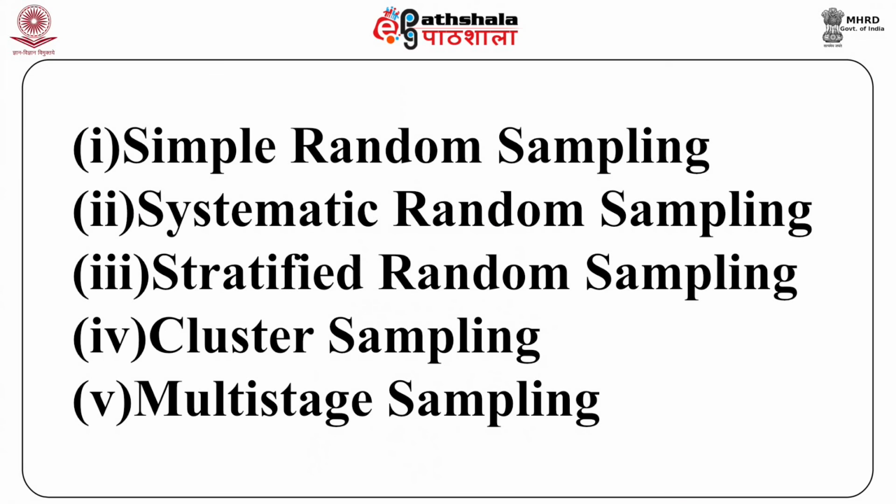The different probability sampling or random sampling methods are: first, simple random sampling; second, systematic random sampling; third, stratified random sampling; fourth, cluster random sampling; and fifth, multi-stage sampling.